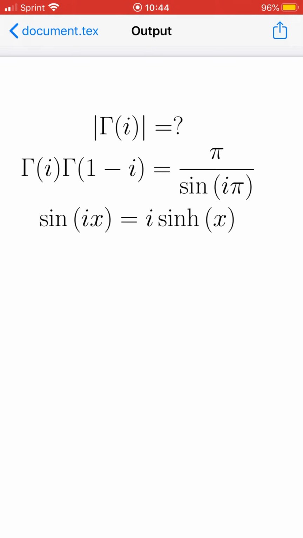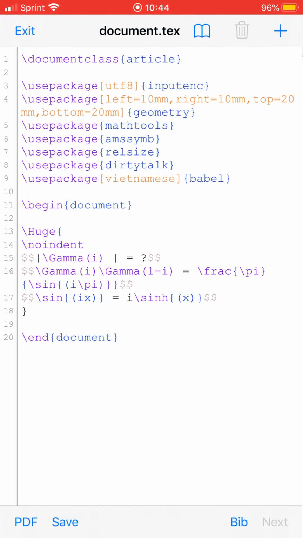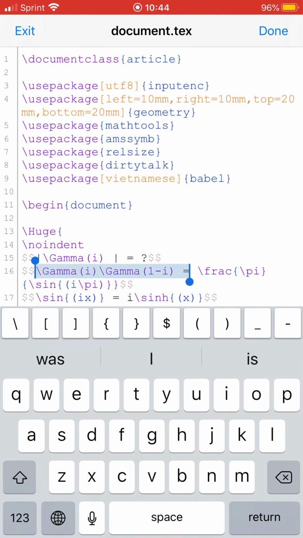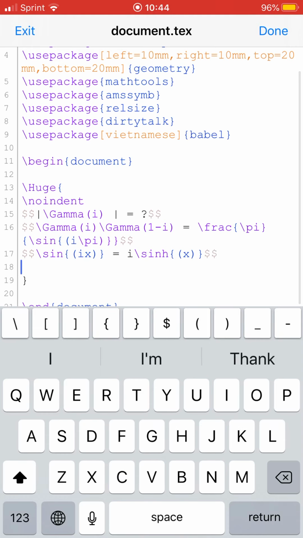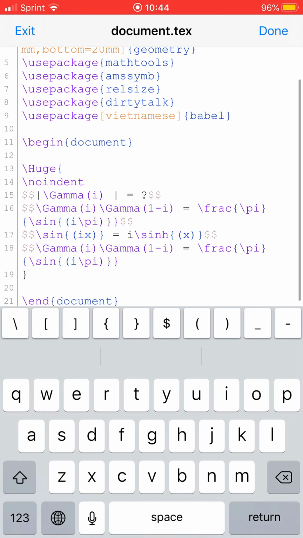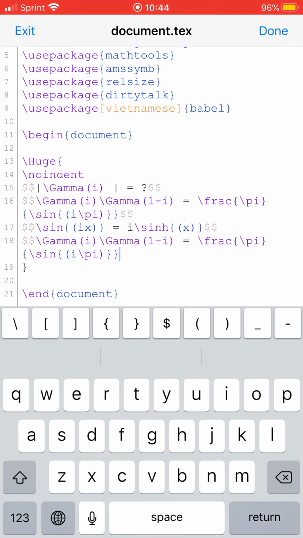So sine of Ix equals I times sinh x, and then so we have sine of I pi equals I times sinh pi. And then if we substitute that into the last equation that we got, gamma of I times gamma of 1 minus I equals pi over sine of I pi, and we know that sine of I pi is equal to I times sinh pi.